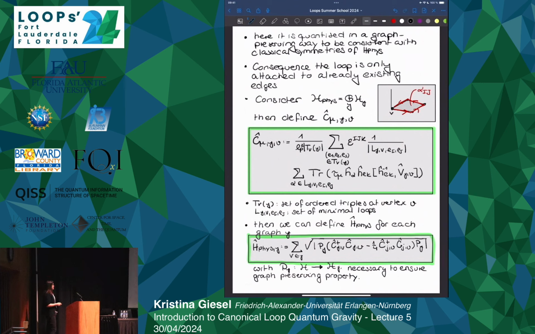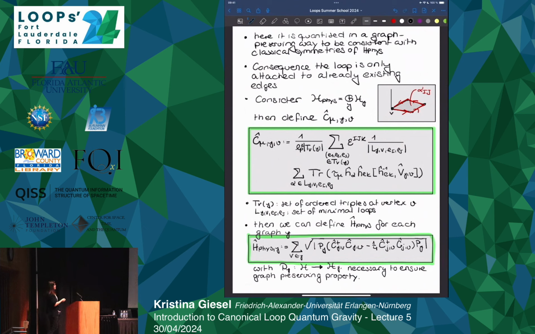Graph preserving in this context means that the loop which was attached in the former case, which was creating a new edge between the edges e_i and e_j, is now quantized in a way that it's a loop which goes along only already existing edges.